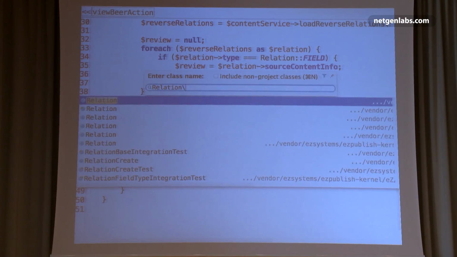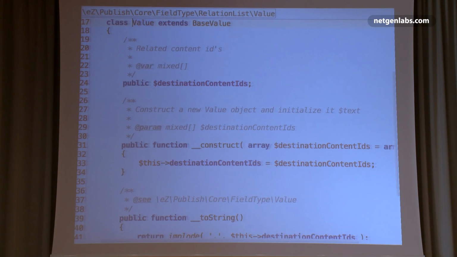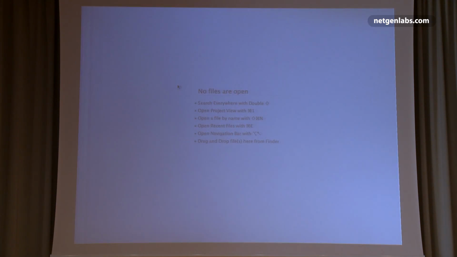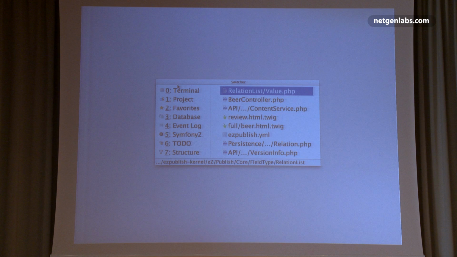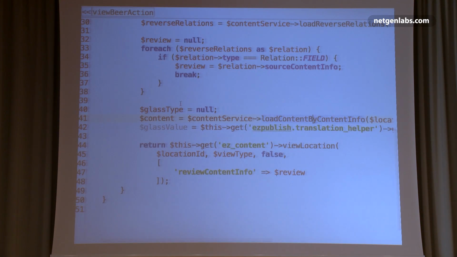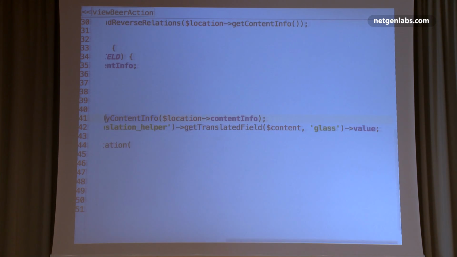Relation list value. Oh yeah, we have the destination content IDs. So it can be very handy to directly load the content info, right? Now that we have the content ID, yeah.